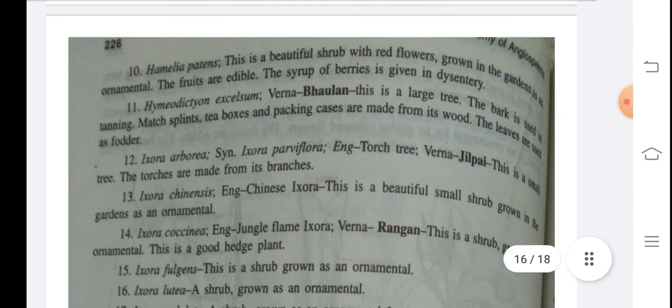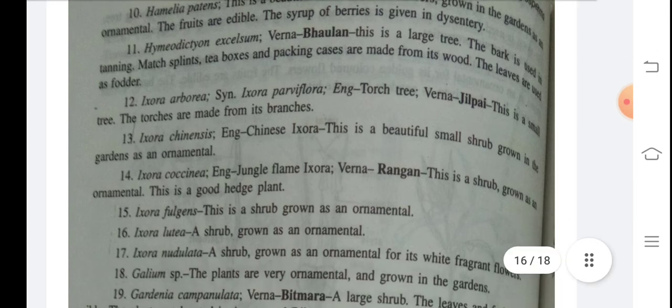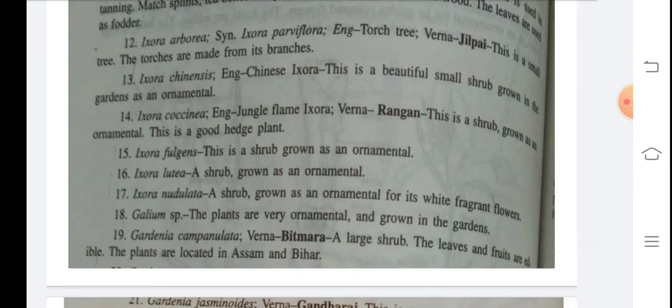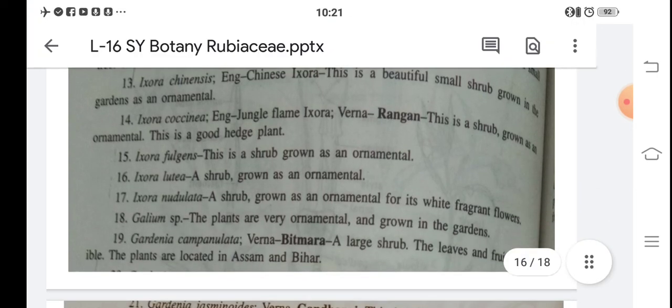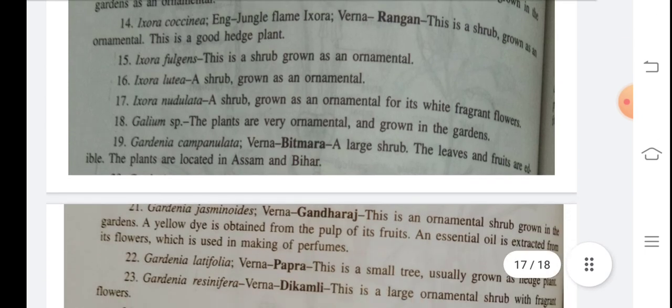Then there is Hymenodictyon, one genus. Bolan it is called. Then Ixora is common, and there are many species of Ixora: Ixora coccinea, Ixora fulgens, Ixora lutea, Ixora undulata. Do you remember any? Gardenia is called dikamali in Marathi.